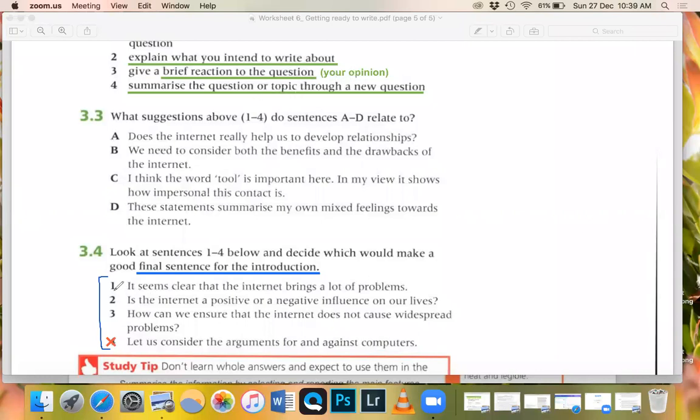Then let's look at number 1 and number 3. Number 1, does this look at one or both sides of the argument? Just let me know, one or both. This only looks at one side of the argument. What about number 3?